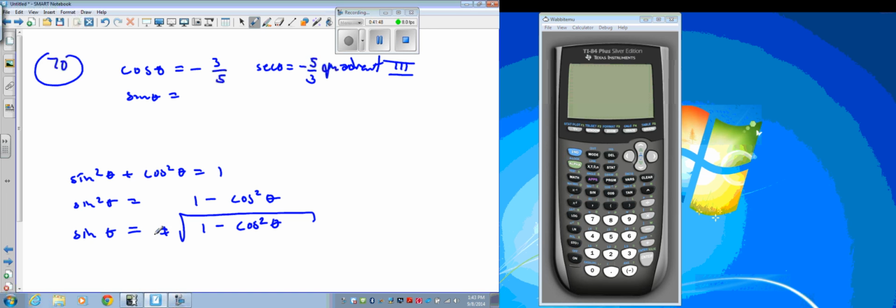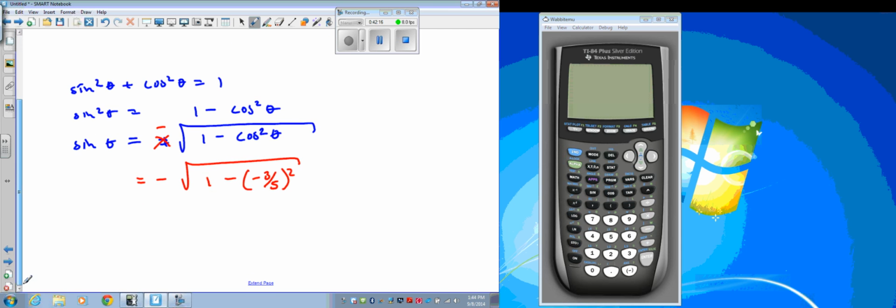Now which one of these is the sign when it's in that quadrant? It's negative. So we say what we have is a negative. And then we substitute in the value: 1 minus, and what are we going to substitute in for cosine? Negative 3/5, the quantity squared. So we've got a negative square root of, what do we have to build this 1 to? 25, because when you square this, it's going to be 9 over 25, right?